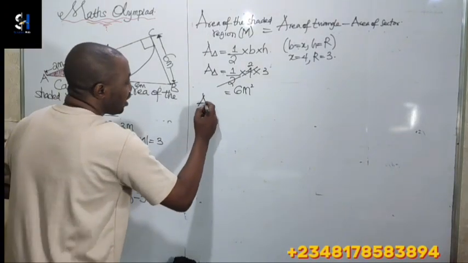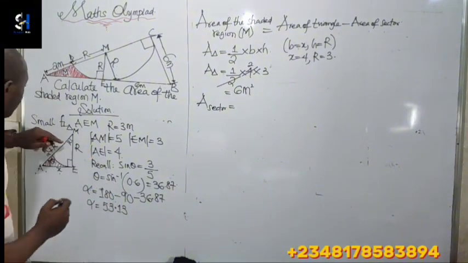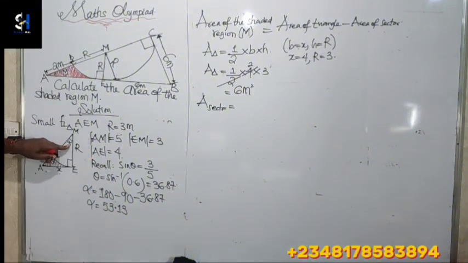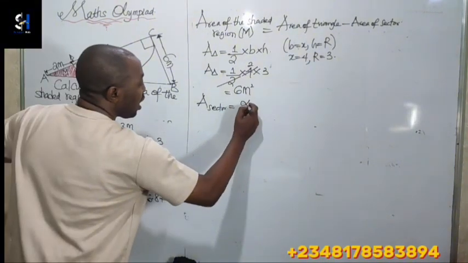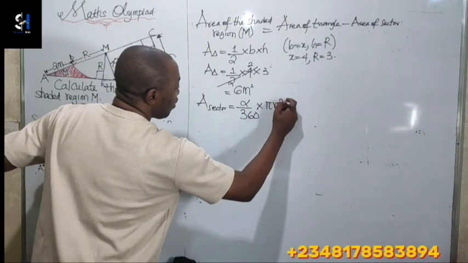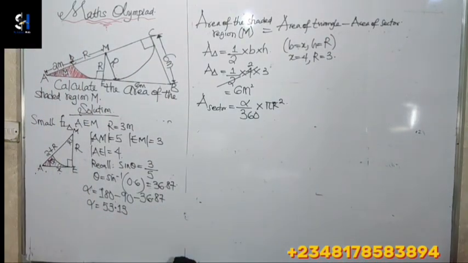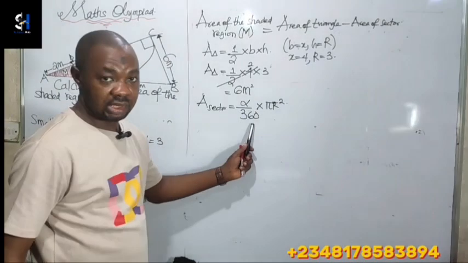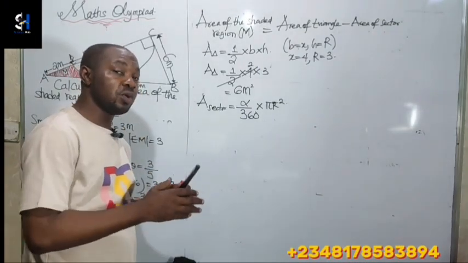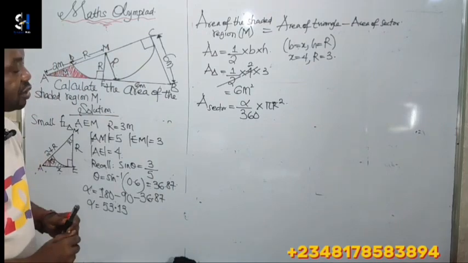Now, the area of the sector. The angle of the sector is alpha, so the area of the sector is alpha over 360 multiplied by the area of the circle.